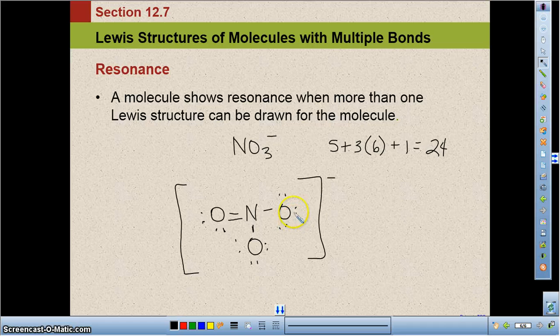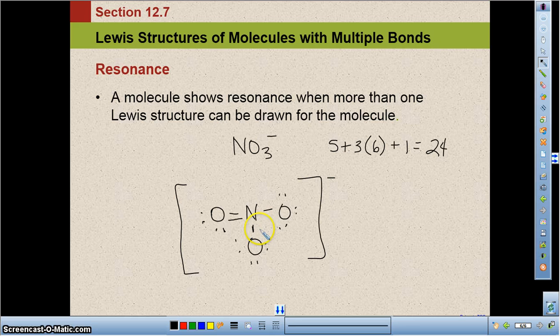Now we know the octet rule is okay, but let's check and see if we've managed to go down to 24 electrons. So we have 2, 4, 6, 8, 10, 12, 14, 16, 18, 20, 22, 24. So this is how we would write the correct Lewis dot structure for the nitrate ion.